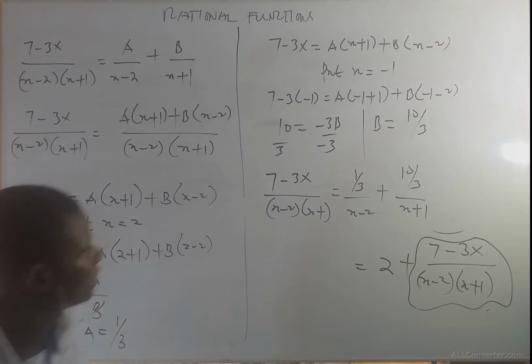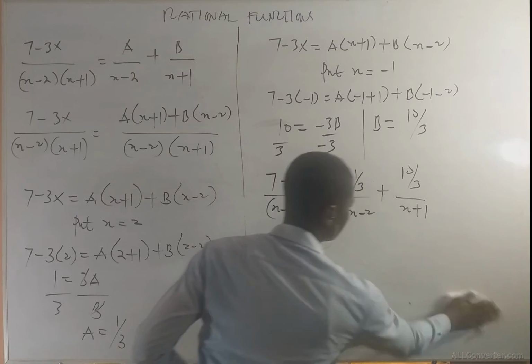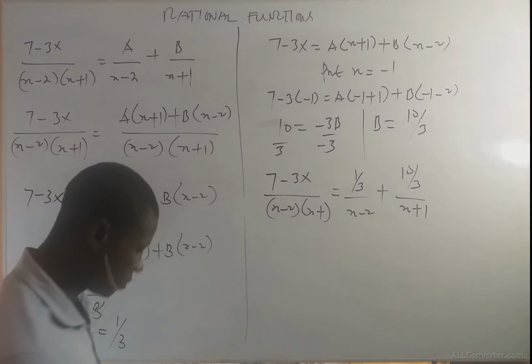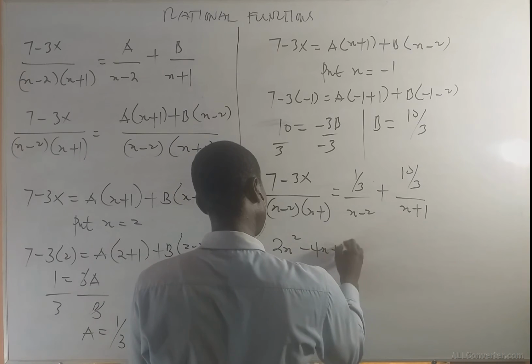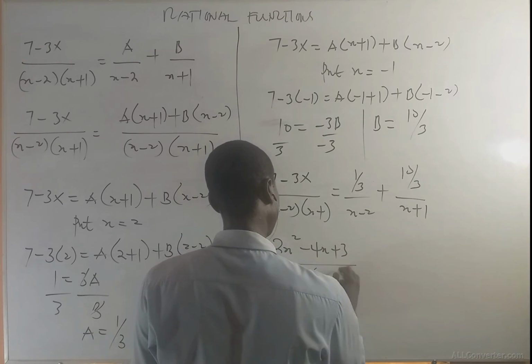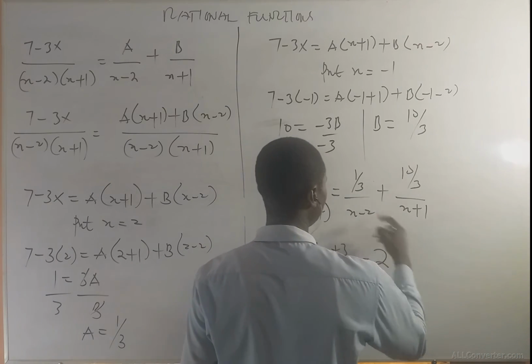But don't forget that from the question you were rather given 2x squared minus 4x plus 3, all divided by x minus 2, then x plus 1. And by division, we have 2 plus. Now we have been able to solve this.